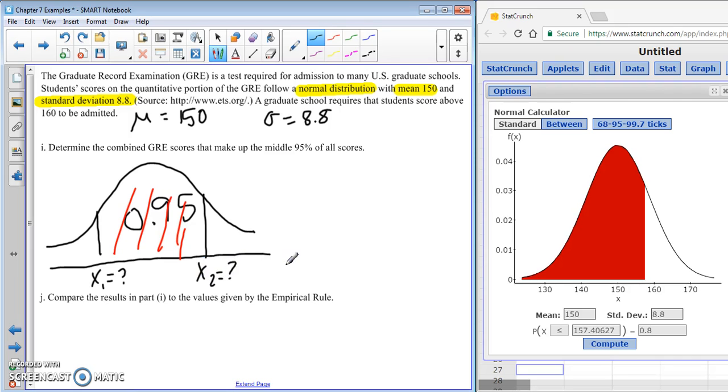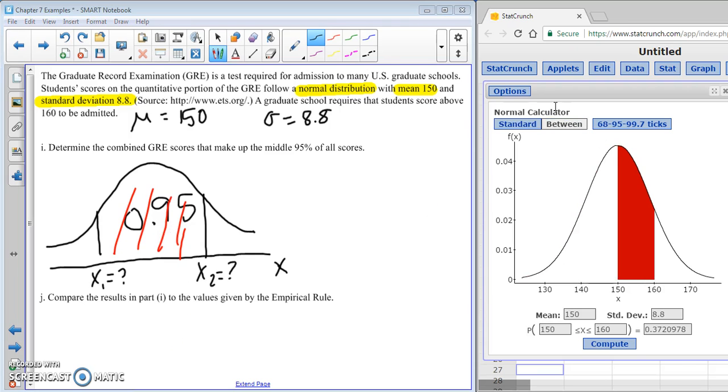So not quite as easy as the z-scores we did, because one's not positive, one's not negative, since we're not working with z-scores, but they're symmetric about the mean, so the same distance away from the mean. We know they should be approximately 2 standard deviations away from the mean. So we're going to compare that in the next part to the empirical rule.